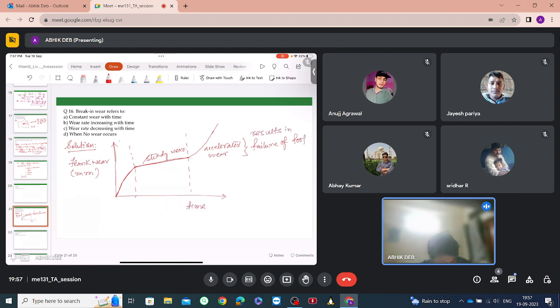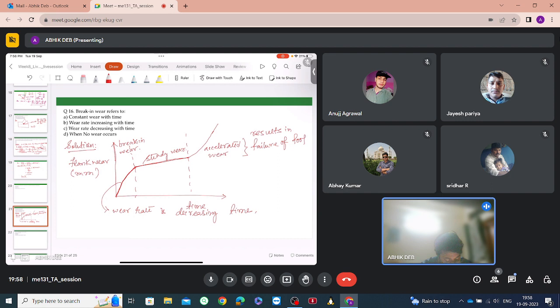And this is basically the break-in wear. This happens when the tool comes in contact with the workpiece. See, the slope is decreasing here. So the wear rate is decreasing with time. So these are the three zones of wear with respect to time.